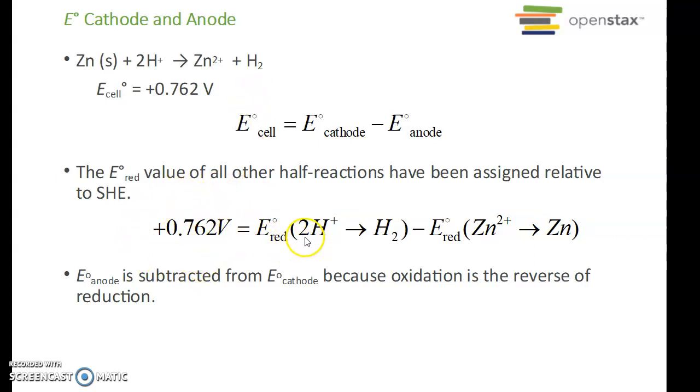You have the redox reaction, the reduction of this going to this, okay, minus this one right here. So the E of the anode is subtracted from E of the cathode because oxidation is the reverse of the reduction, okay. So this is how this one works, okay.